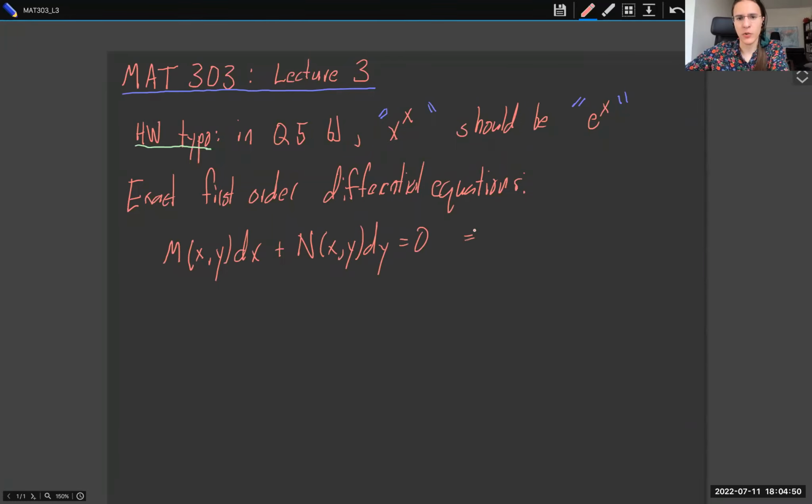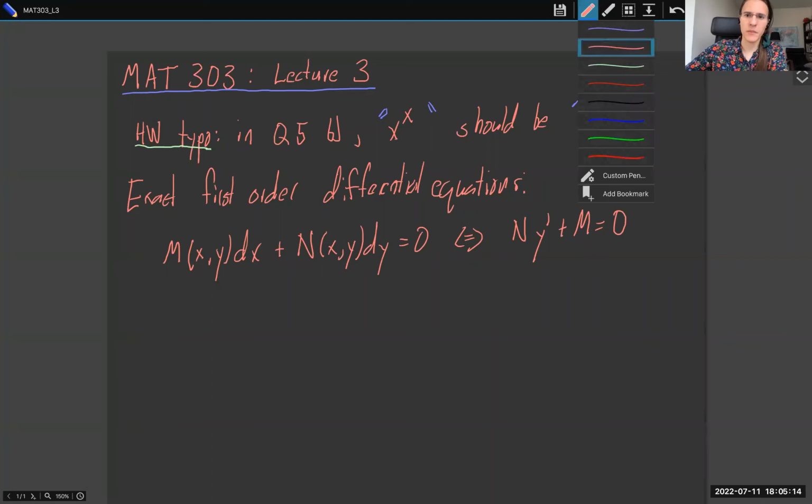This is equivalent to the equation N y' plus M is equal to 0. But these aren't just functions of x, so it's not a linear homogeneous equation, it's not linear because these aren't functions of x.